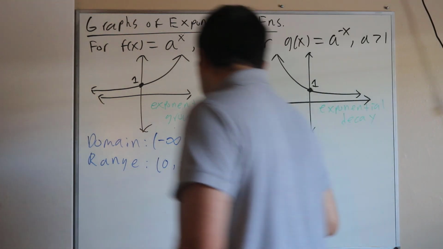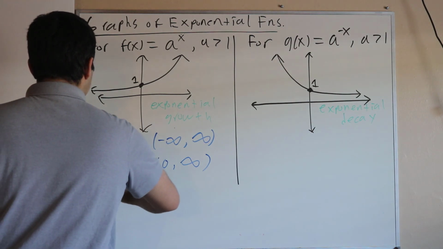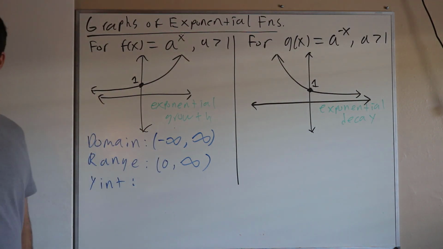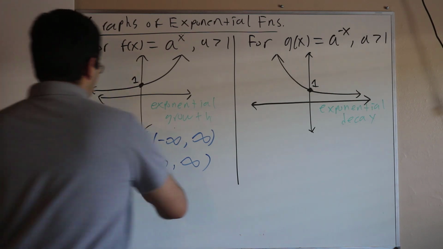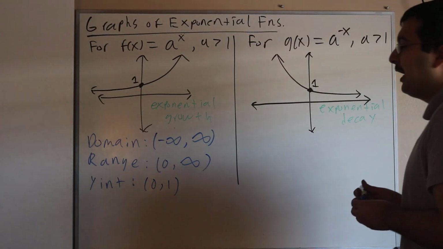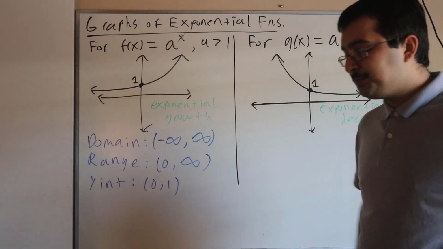Okay? So moving on, we can make note of the y-intercept. Remember the y-intercept is the point at which we cross the y-axis. We can see quite clearly it happens at the y value of 1. So our y-intercept is the point (0, 1). And that y-intercept point is something I want to pause and talk a bit more about.